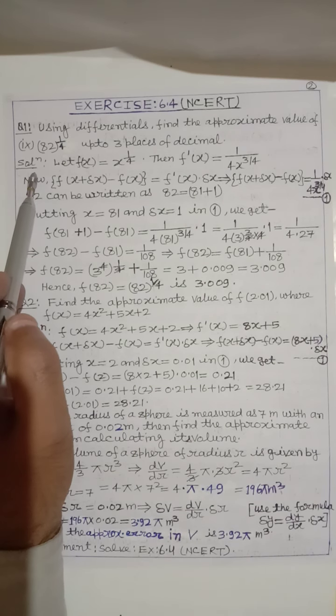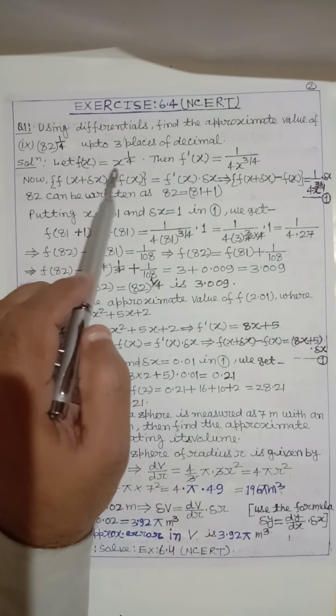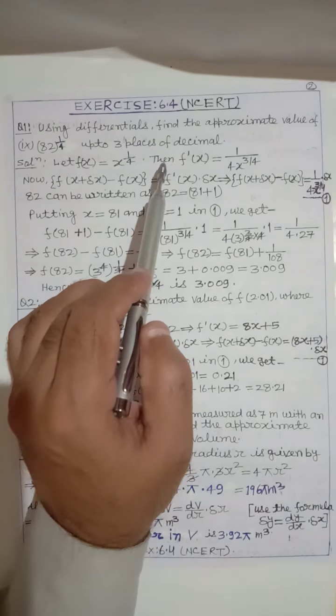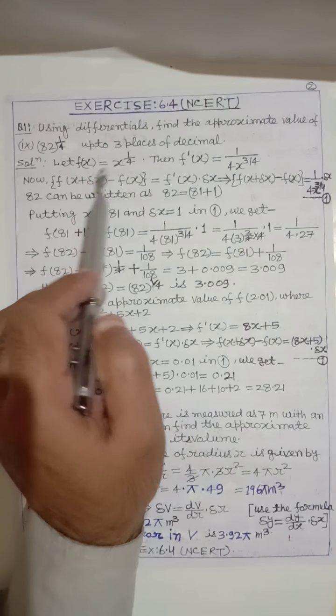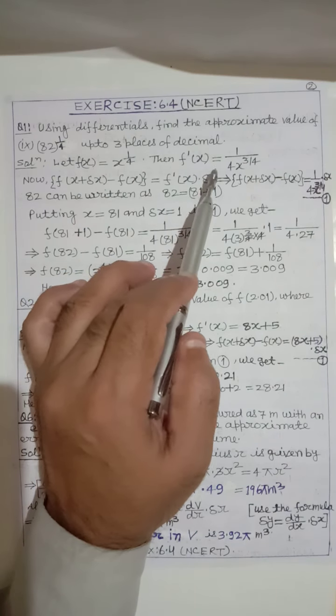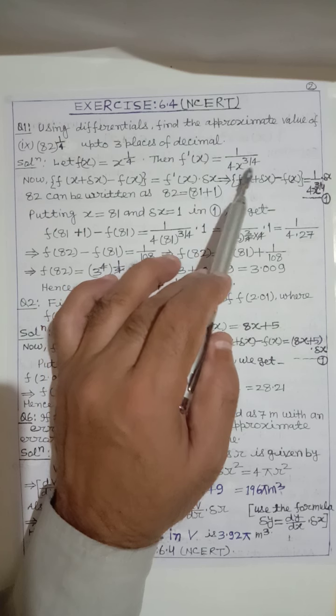To find the solution, let f(x) equal to x to the power 1 by 4. Therefore, f dash x, means dy by dx, equal to 1 by 4 x to the power 3 by 4.